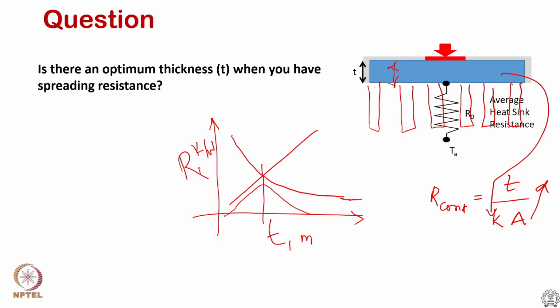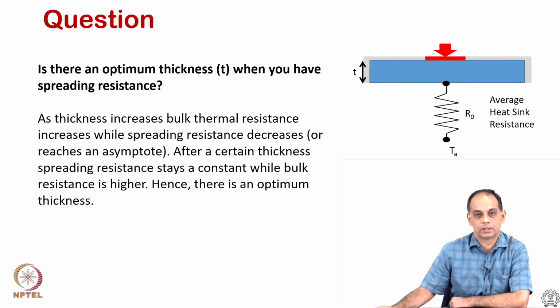This is the best thickness one can resort to if one were to balance. Otherwise, this will start to dominate and the resistance of this spreader base starts to increase because of the bulk resistance. And keeping it suboptimal will also result in larger spreading resistance. So, usually there is an optimum resistance to these devices, and that is what is discussed.